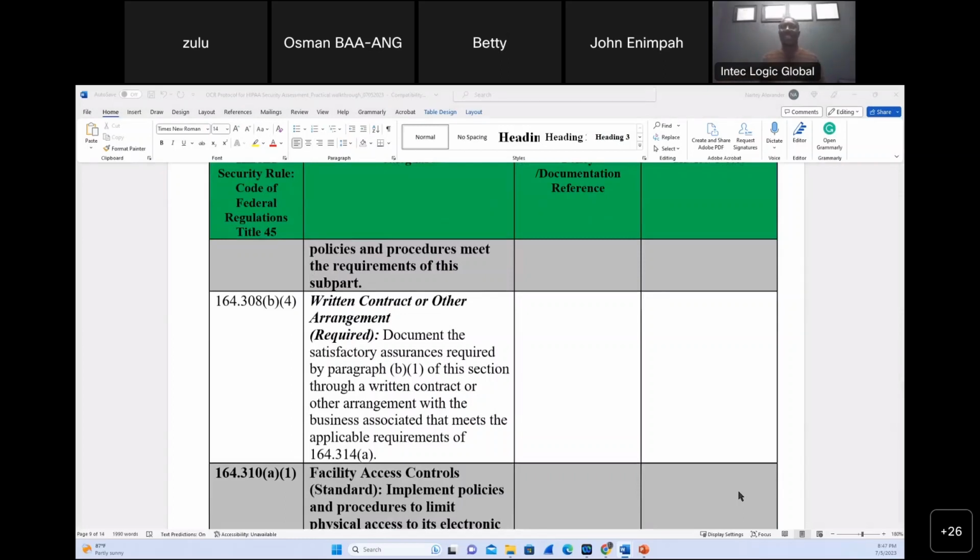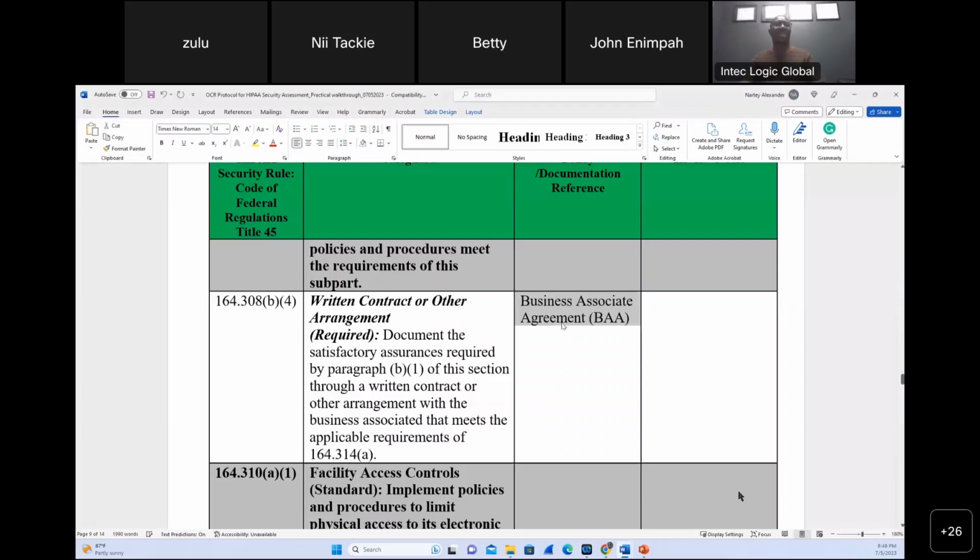The last time I mentioned it, BAA, what's the full name for BAA? Business associate agreement. Yeah, sorry. Thank you. Business associate agreement. So that is a BAA.